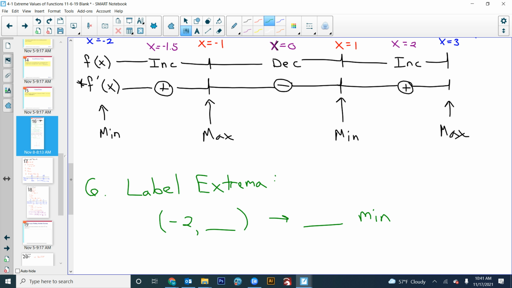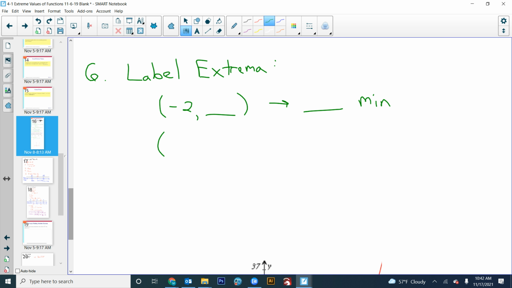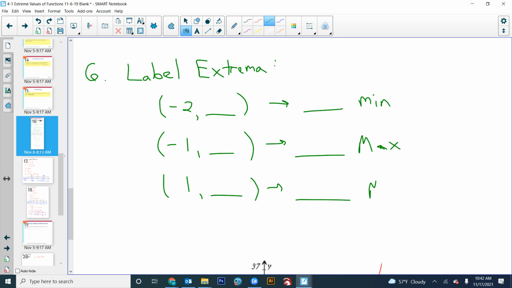Next one, -1, comma, blank. Blank max. I don't know yet. Next one, 1, comma, something. Blank min. Endpoint, 3, comma, something. Blank max.